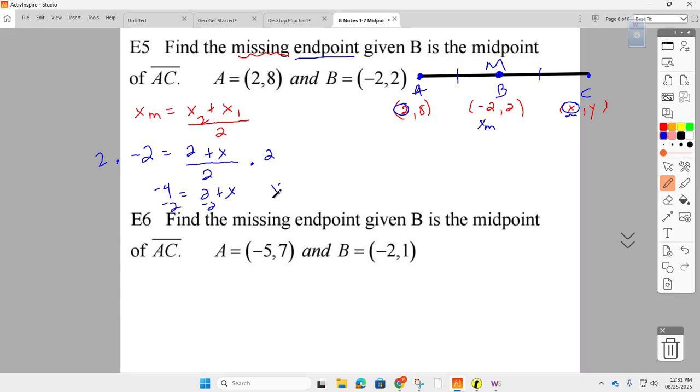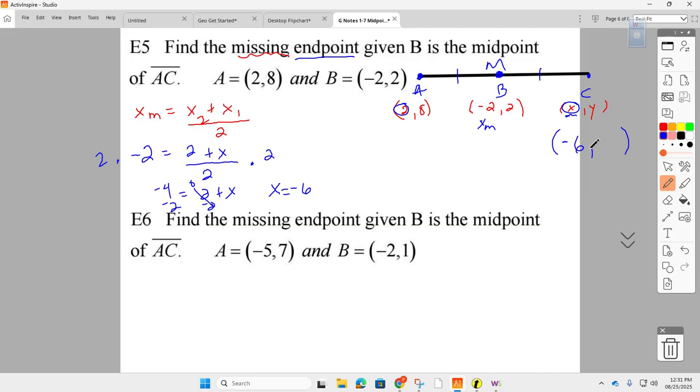And so our new x-coordinate, which we don't know, is negative 6. Negative 4 minus 2 is negative 6. X equals negative 6. So this x-coordinate is negative 6, and we have half of our answer now.